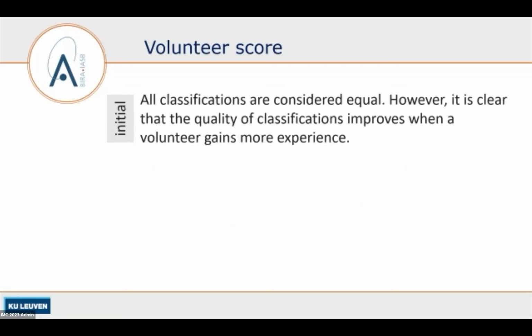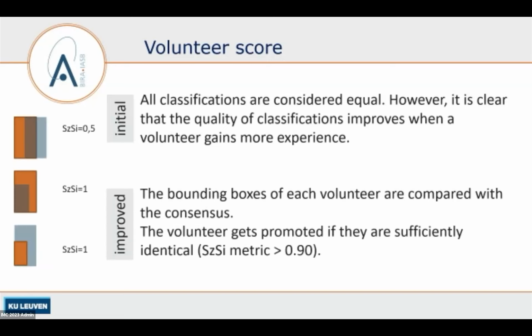A second improvement concerns the initial algorithm from 2016, where we considered all the volunteers to be equal to each other. However, it's clear that if you gain more experience, if you do these identifications more regularly, you get better. So it would be better to give more weight to volunteers that have more experience, and this is what we do with the volunteer score. How does it work?